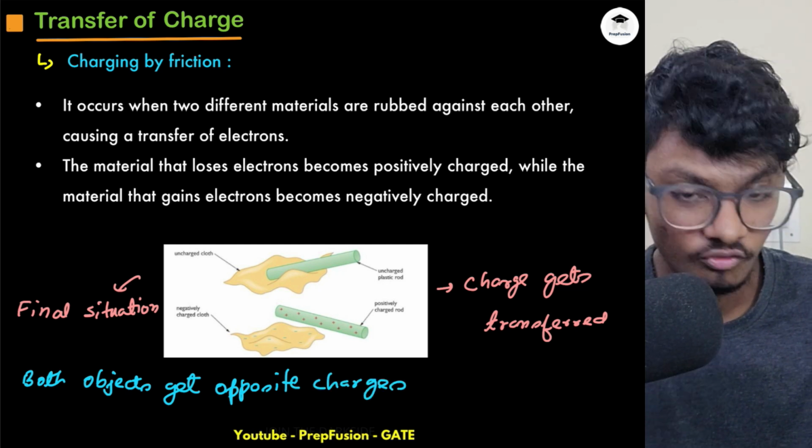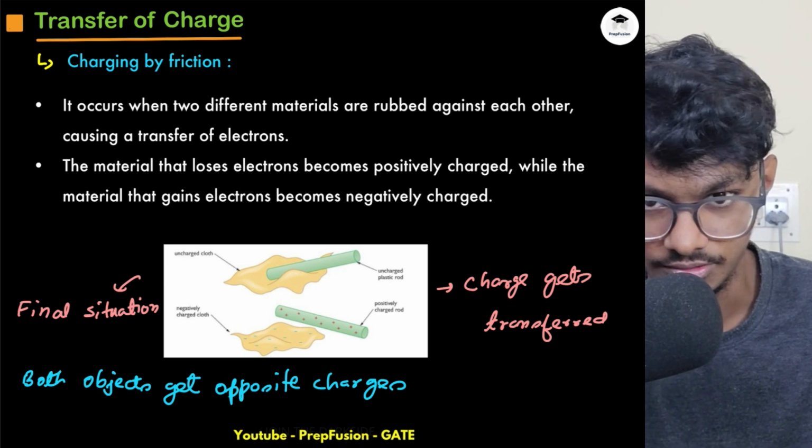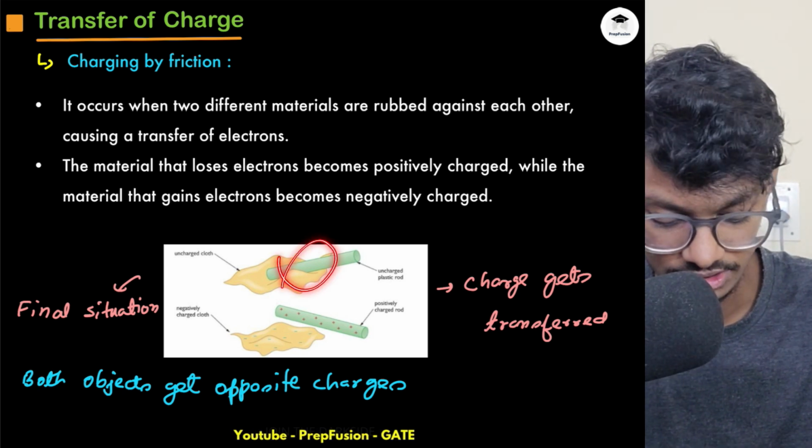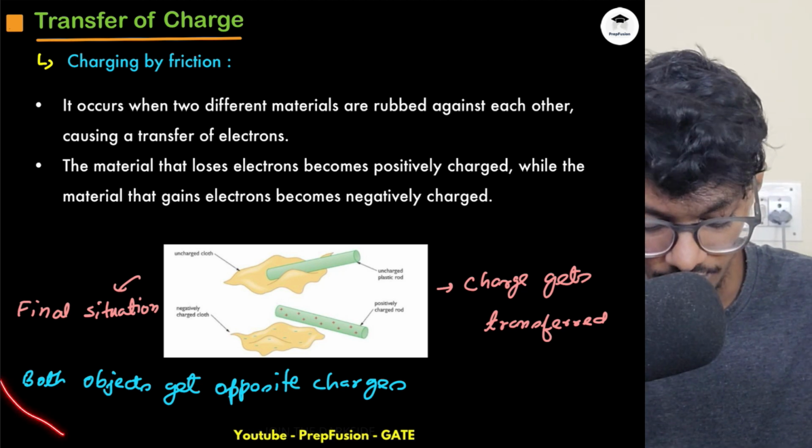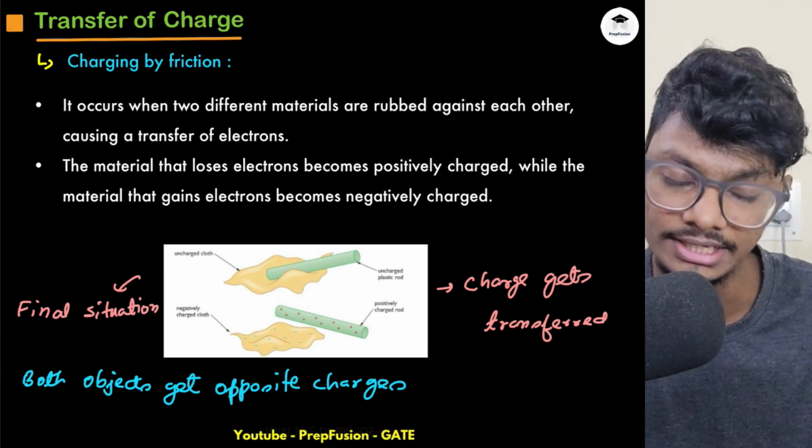Okay. Overall it is neutral, because if I add these two charges, it will be neutral, or whatever the previous charge was. Okay, this is the important point that you should keep in mind, or you can write it in your short notes.